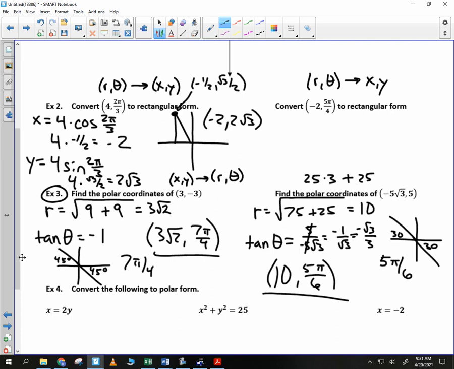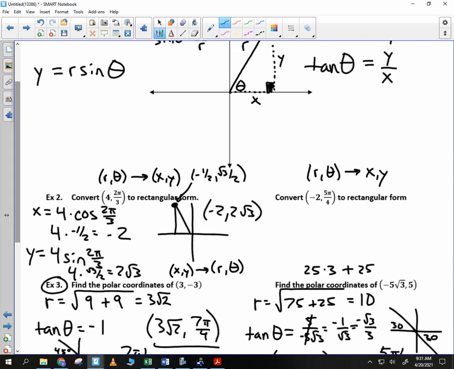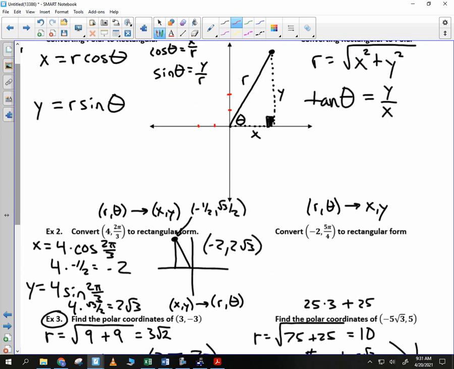See what I'm saying? Now, if you want a reasonable way to check your answer, again, I would just encourage you. It says negative 2, 2 roots of 3. So if you were to plot that, you would go back 2, and then 2 roots of 3. The root of 3 is like 1.7, so it'd be up 3.4. So back 2 and up 3.4. So I'd be right there.